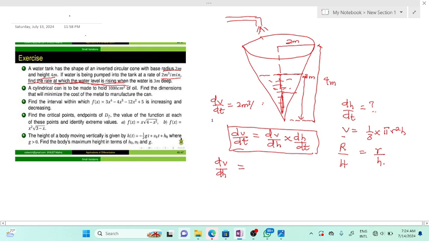Is that not it? From the problem, we were given a bigger H and a bigger R, right? Those are the parameters of the cone, and that is what we were given. So my R was given as 2, my H was given as 4, right? Should be equal to my smaller r over my smaller h. From here, don't be tempted to say that the height of the smaller one is 3 meters.